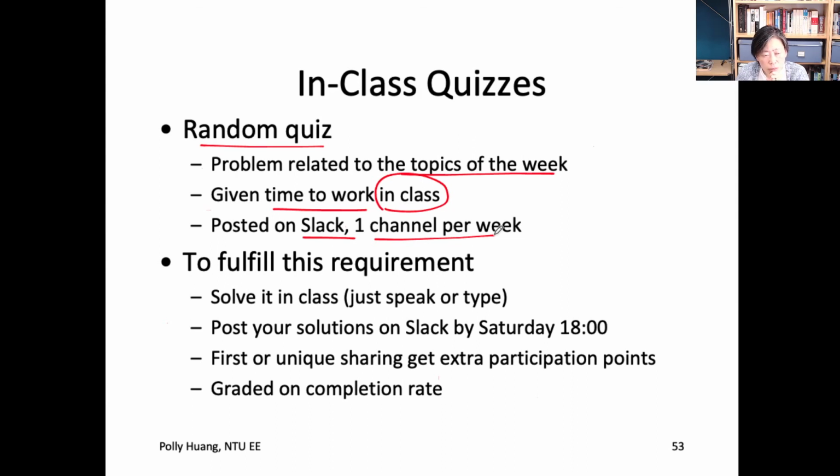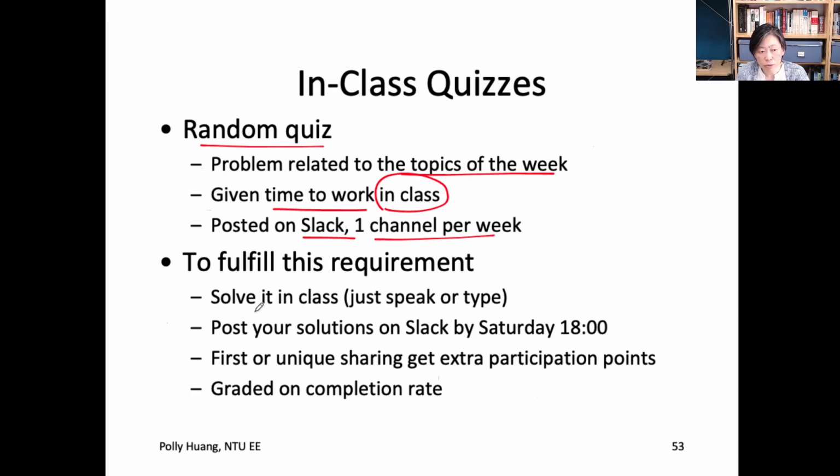One channel per week. On Slack you will see that I created one channel, specifically for the purpose of collecting your solutions for these quizzes, and there'll be one channel each week, so that it's a little bit easier for you to submit solutions each week.